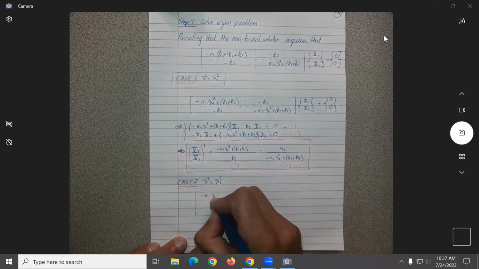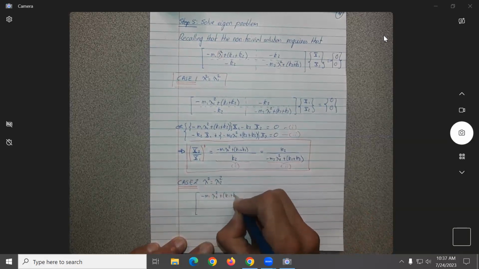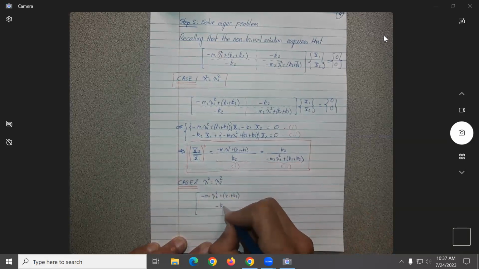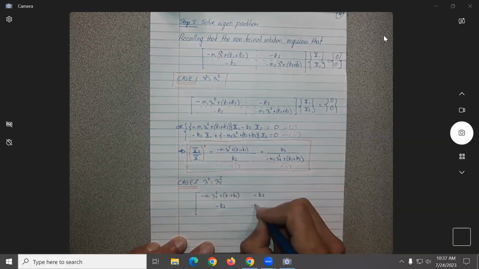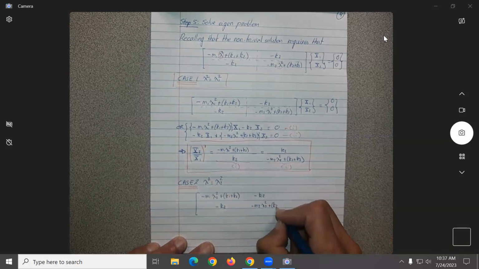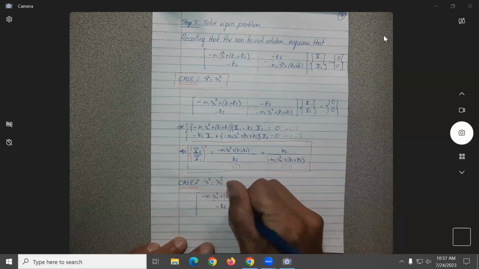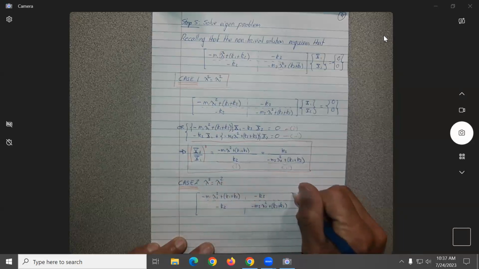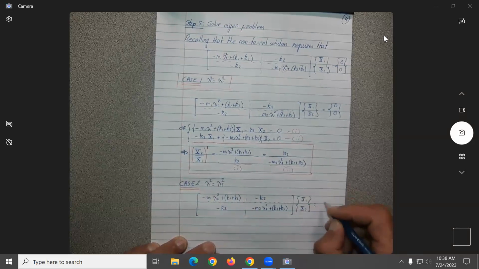Minus M1 λ2 square plus K1 plus K2, negative K2, negative K2, minus M2 λ2 square plus K2 plus K3, times X1, X2 equal to 0.